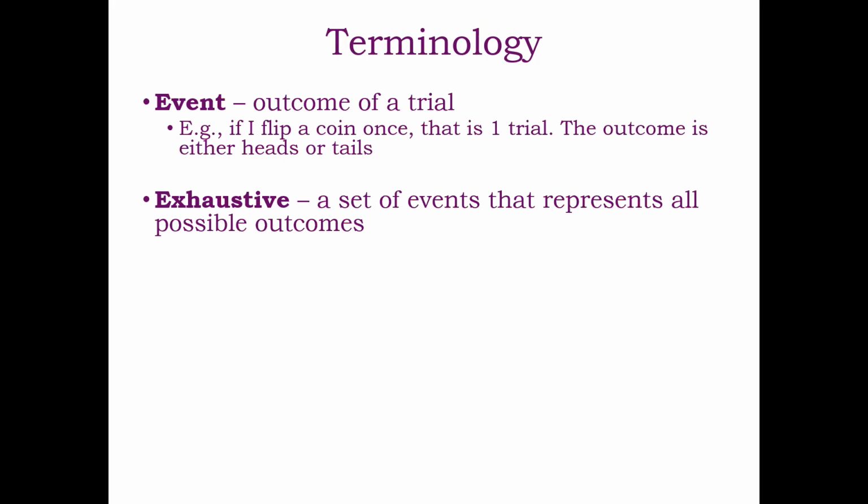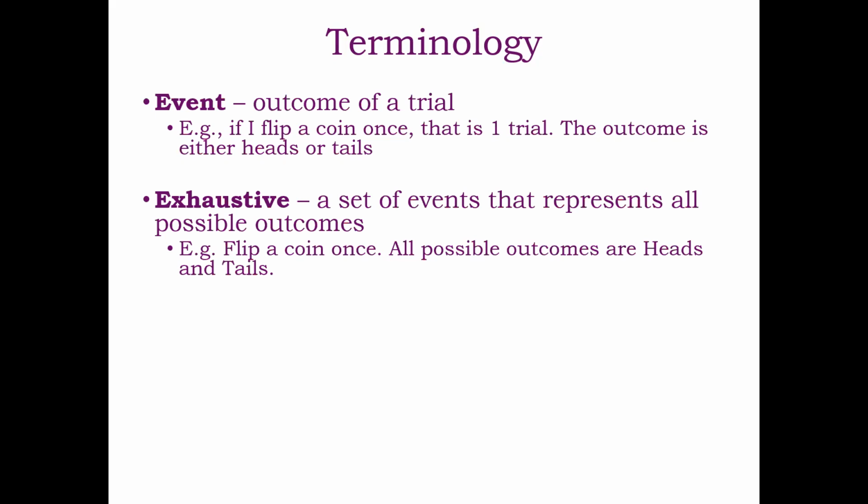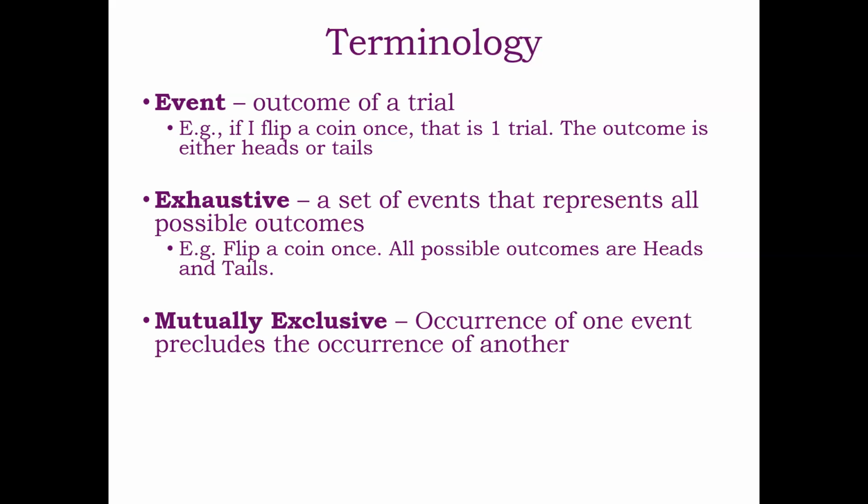If something is exhaustive, it's a set of events that represents all possible outcomes. So in my example of rolling a die, there are 6 possible events. That's exhaustive. If I flip a coin once, all possible outcomes are heads or tails. That's exhaustive, right? Mutually exclusive just means that if one event happens, the other one cannot happen.